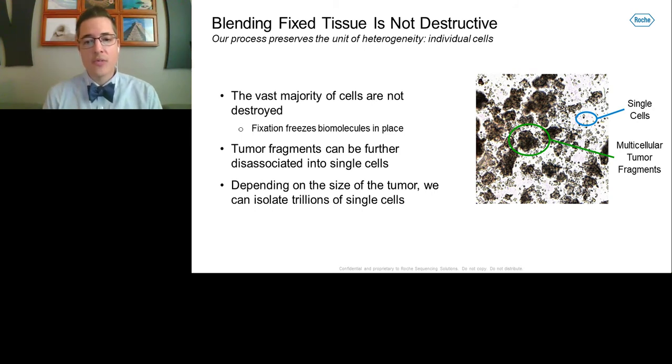We can then further disassociate those fragments of tumor into single cells using non-enzymatic methods and more mechanical disassociation along with filtration. And depending on the size of the tumor, we can create trillions upon trillions of cells, both cancer cells, immune cells, and stromal cells.